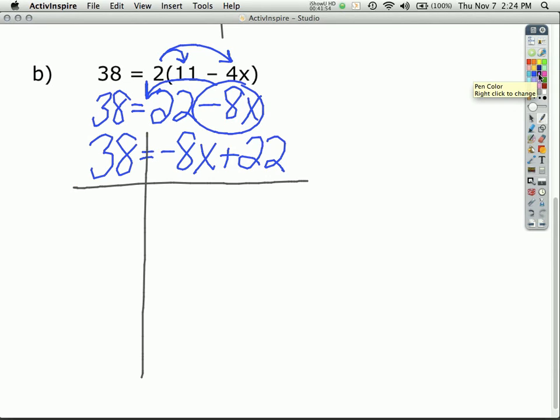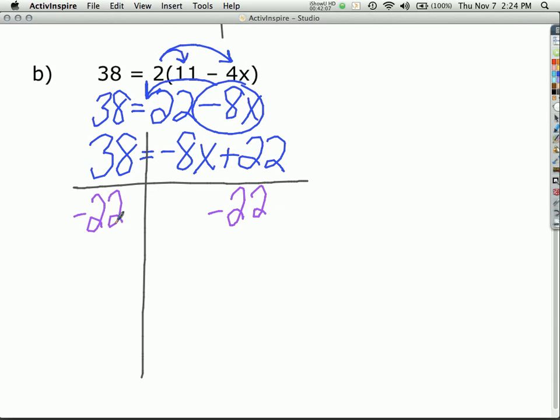So, what's the first step in solving? First step in solving, Mike? Very good. Subtract 22 from both sides. That disappears, and now we've got 16 equals negative 8x. That was one step. What's the second step?